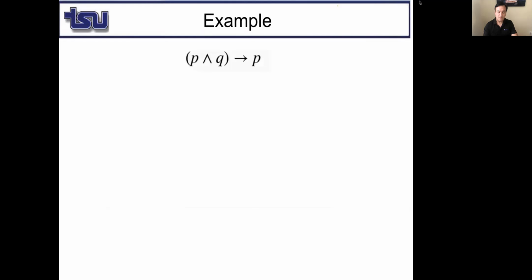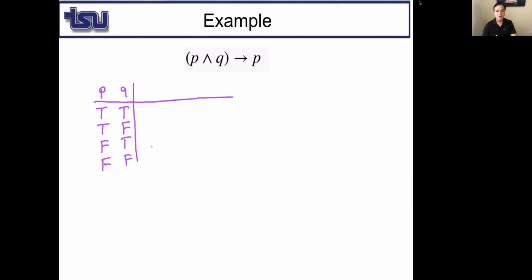Okay. Here is another example. I want to solve this one with you so that we can have a little bit of practice together. If you recall, we have P and Q, two variables. In order to construct a truth table, we list all possibilities: true, true, false, false, true, false, true, false.